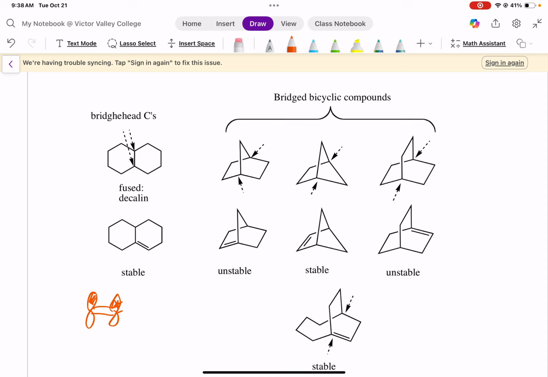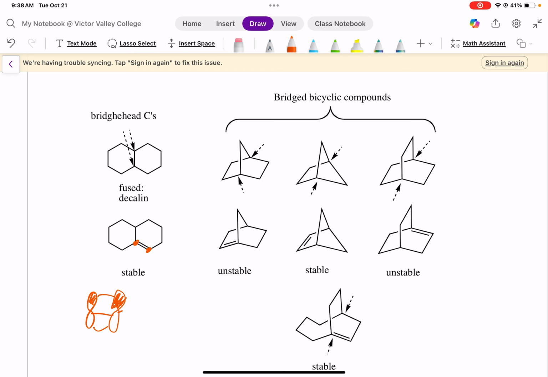That creates a pi bond, and so that makes a double bond. So geometrically, it has to be possible to do that, meaning the double bond has to be flat, and then there's a p orbital perpendicular to the plane of the double bond.